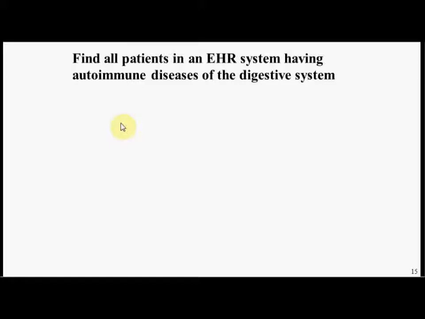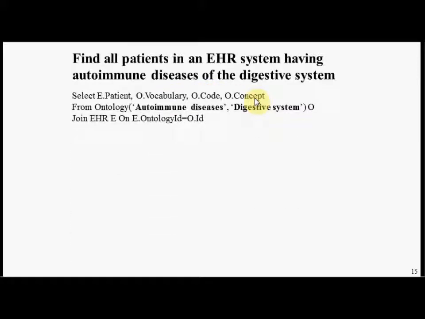Let's look at another query type example. We want to find all patients in an electronic healthcare record system having autoimmune diseases of the digestive system. The query selects various columns from this thing called ontology, doing a join on an electronic healthcare record table.